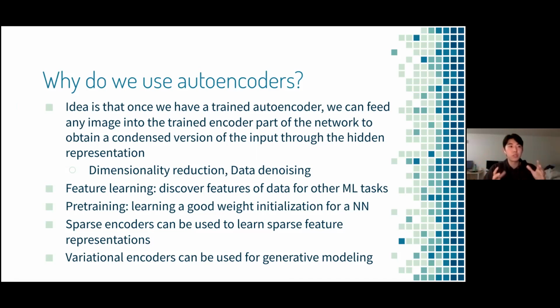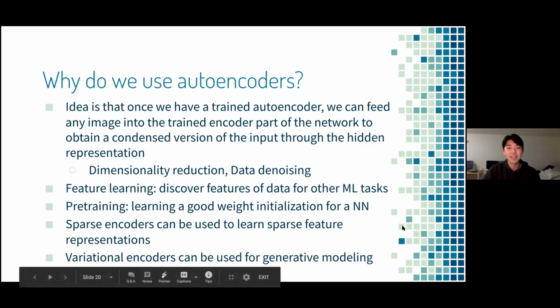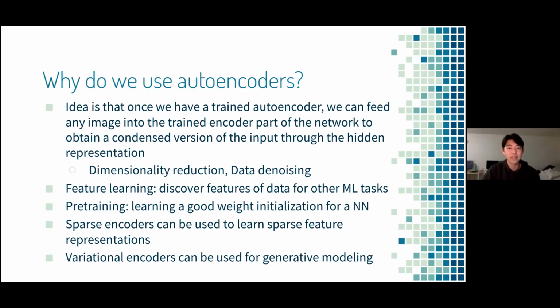We can port these weights into a new architecture, and if we add a fully connected layer at the end for some other task, it might work relatively well. And then we went over sparse autoencoders to learn sparse feature representations, and variational autoencoders, since they learn a probability distribution, lend themselves especially to generative modeling. Like Paymon mentioned, if you're interested in creating deep fakes, that goes hand in hand with variational autoencoders.